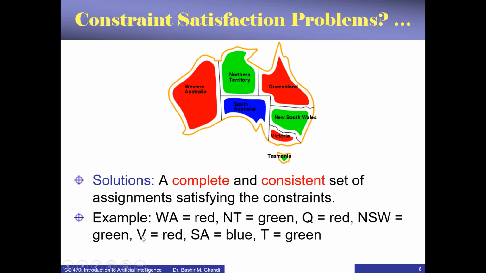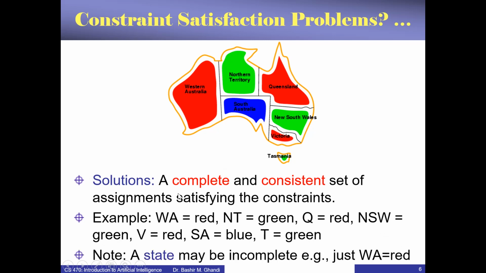So as we can see there, Western Australia is assigned the color red, Northern Territory green, Queensland is red, New South Wales is green, and so on. Notice the use of the word complete in the statement above.